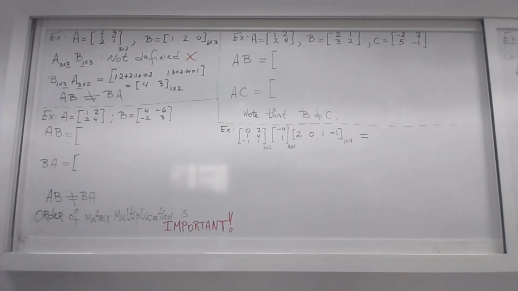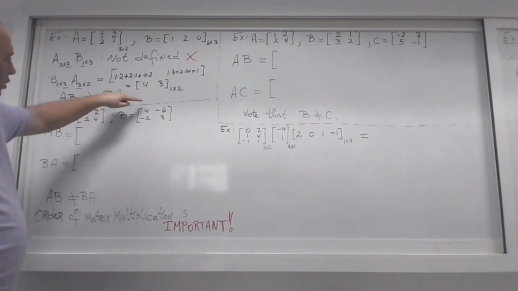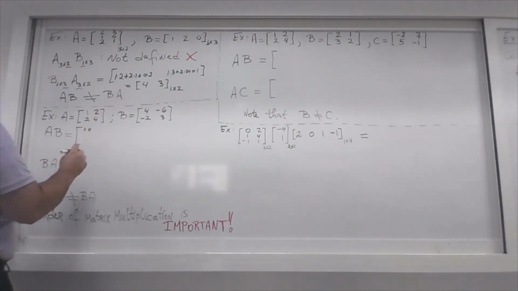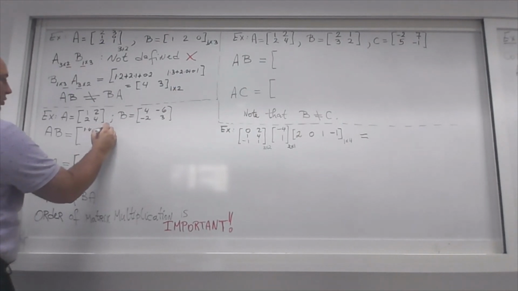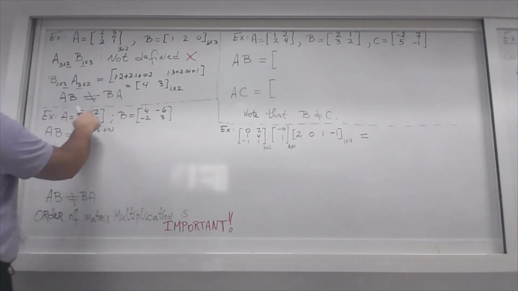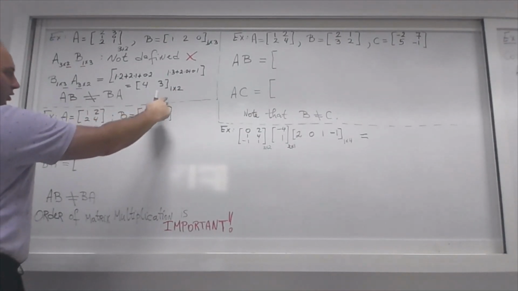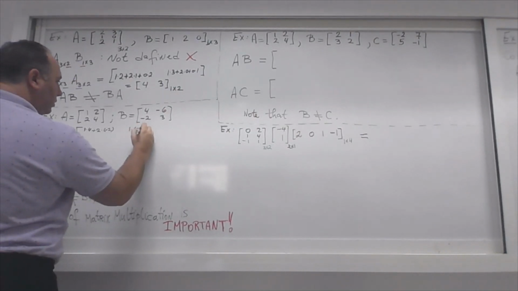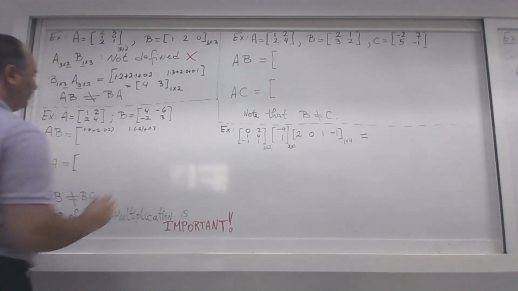So another example, let's say how we do the product AB. So I need to fill in, so these are 2 by 2 matrices. So the resulting matrix will be 2 by 2. So I take first row of A dot product with first column of B. So 1 times 4 plus 2 times minus 2. Entry 1, 2 is first row of A dot product with second column of B. 1 times minus 6 plus 2 times 3.